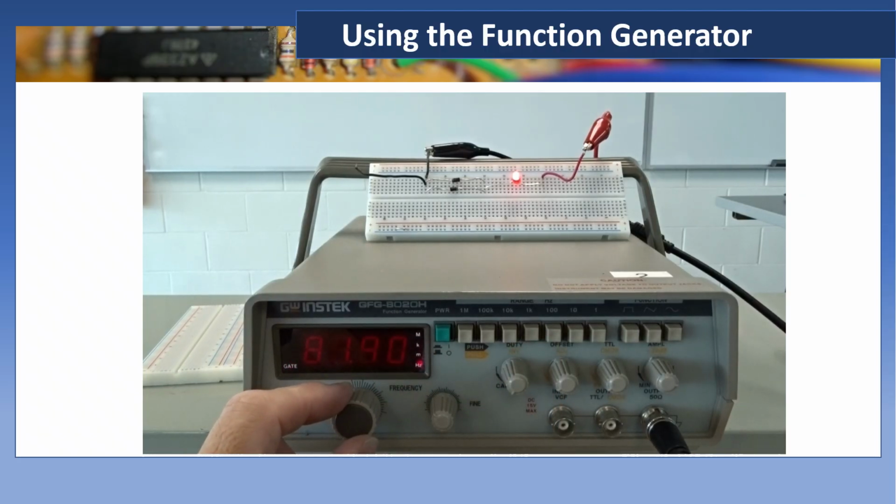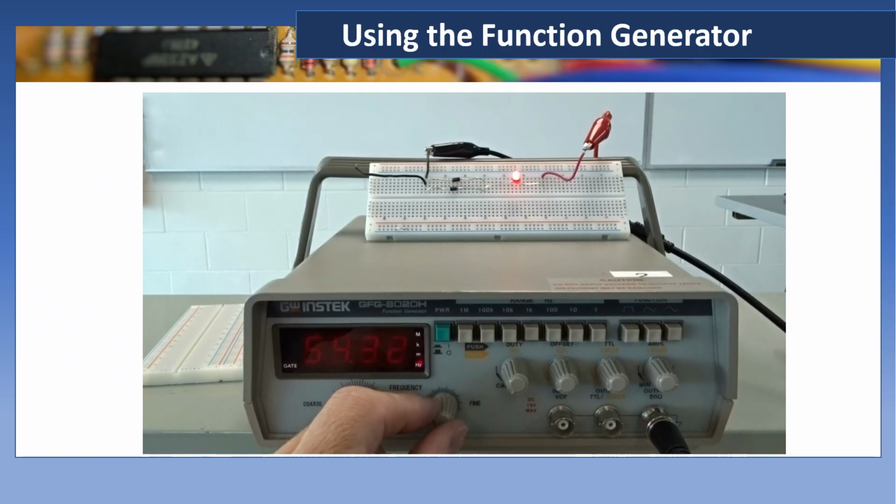So we're at 80. Right now, even with the fine adjustment, this is getting me down to really close to 54. We're going to be at 60 hertz. I'm bouncing around pretty close to our 60 hertz, slightly over.